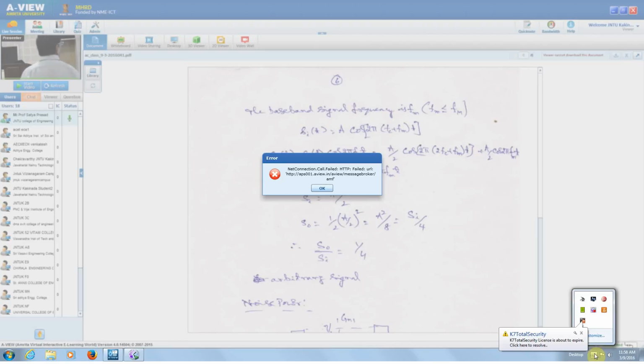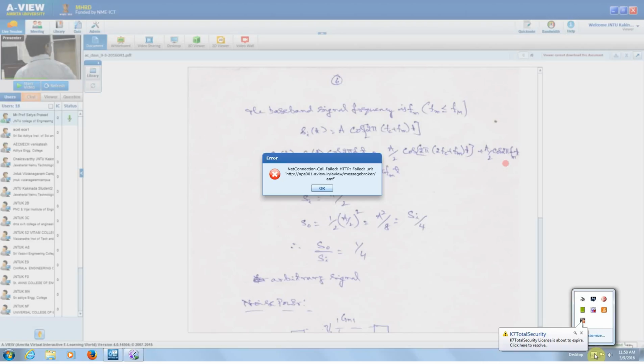Therefore, this is S1T into cos 2 pi FCT. This is cos 2 pi (2FC plus FM)T, from FC plus FM plus FC, and the difference of these frequencies is A by 2 cos 2 pi FMT.